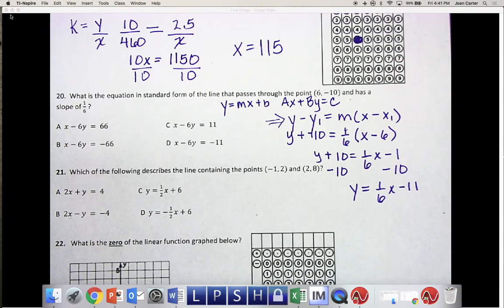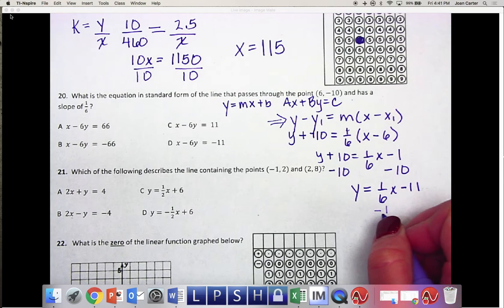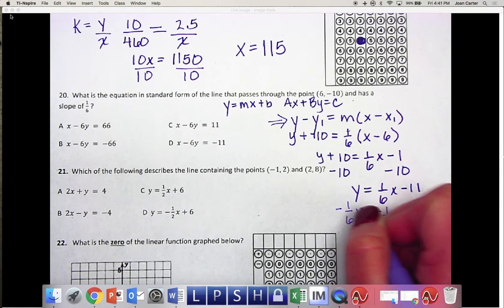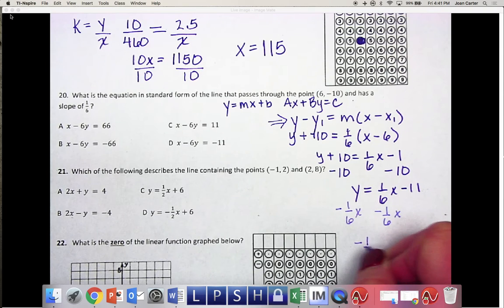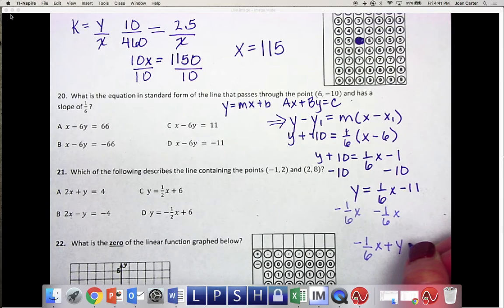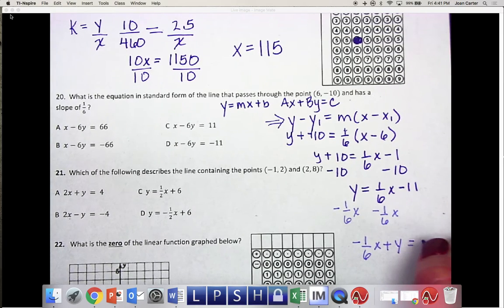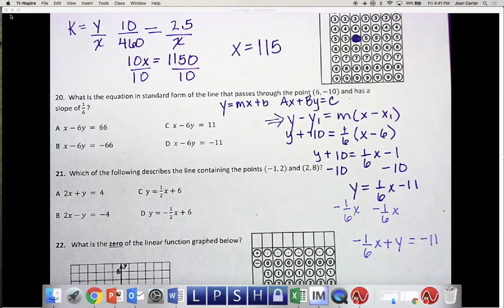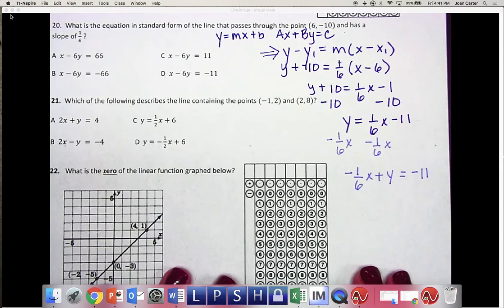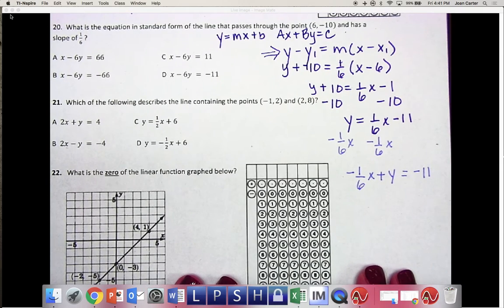So what I'm going to do now is I'm going to subtract 1/6 x from both sides. And now I have negative 1/6 x plus y is equal to negative 11. Right? So I'm breaking a couple of rules here. I can't have a leading negative or fraction.